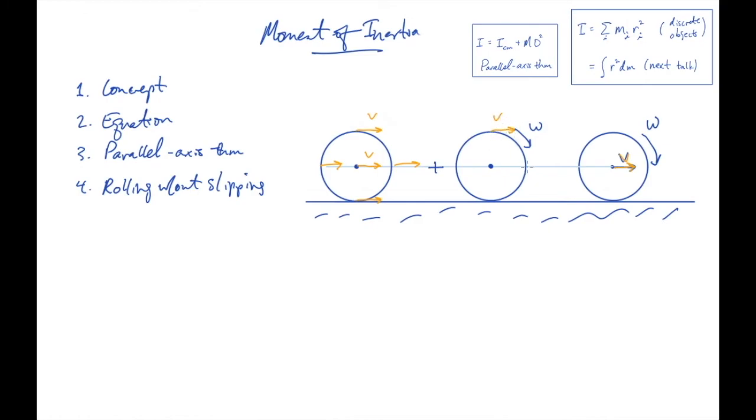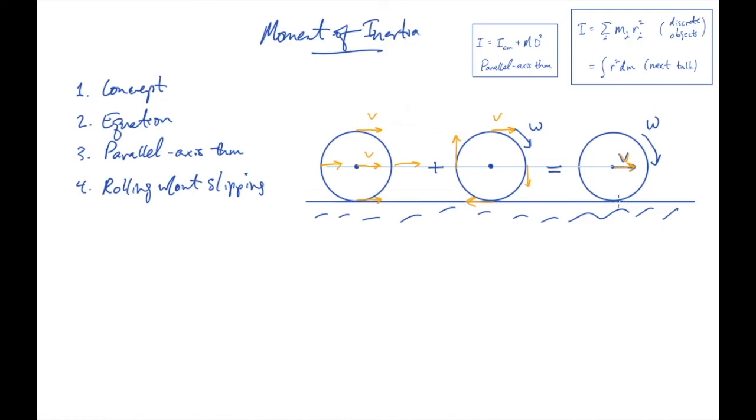Velocity v here. Here it's going to be moving down, here this way, like that. And the claim that we're not going to prove, but hopefully it makes sense so that we're comfortable using it, is that translation without rotation plus rotation without translation equals rolling without slipping.